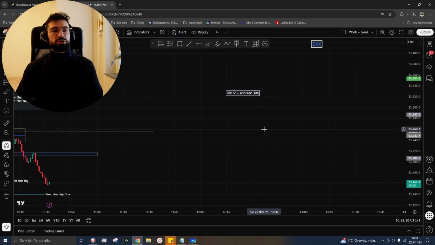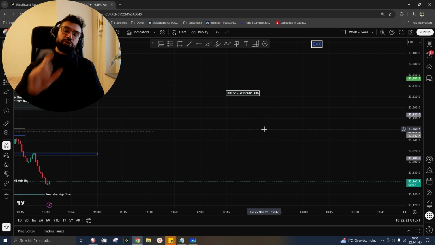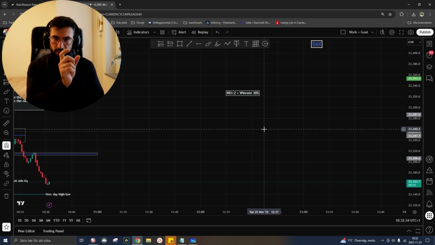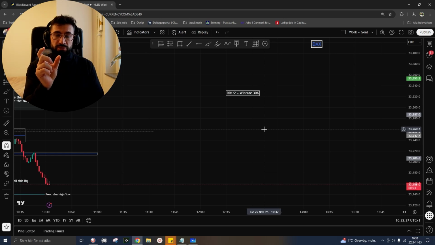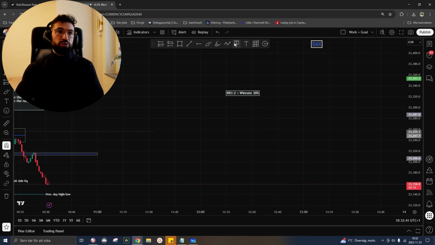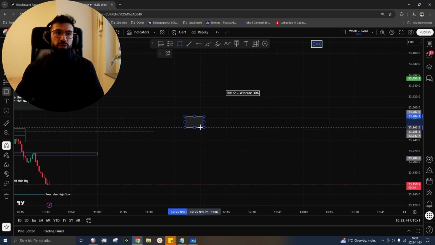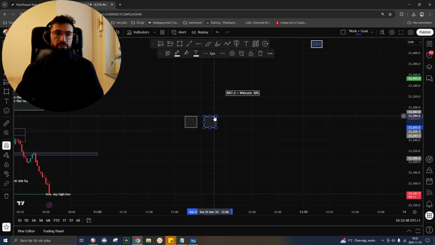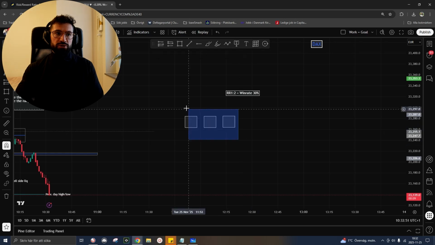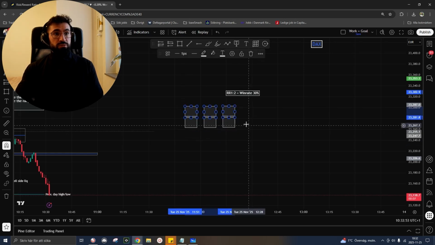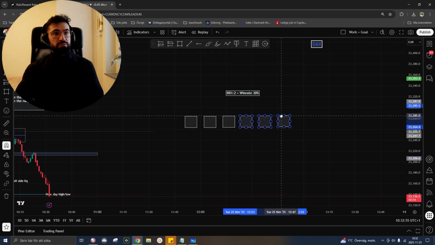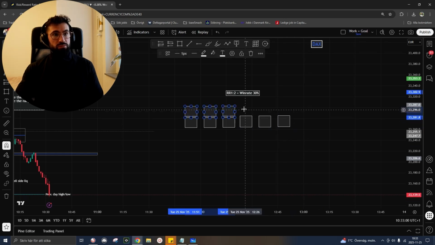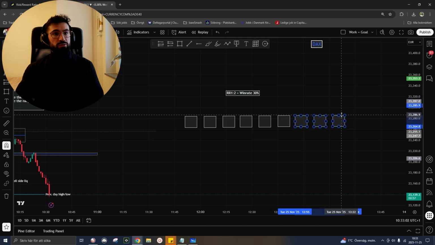What does 30% mean? If you take 10 trades, that means that 3 of those 10 trades should be winners and 7 of those should be losers. So if you just draw it out, 1 trade, 2 trades, just copy and paste the thing. 1, 2, 3, 4, 5, 6.